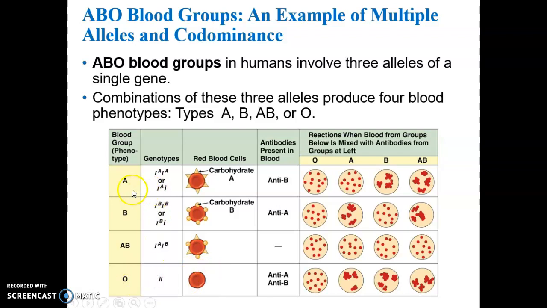So in the human population, we're either blood type A with those 2 genotypes, or blood type B with either of those 2 genotypes, or blood type AB with that genotype, or blood type O, the absence of the A and B alleles. Now you've probably heard of blood type like O negative or positive. We're not going to consider the positive or negative because that's yet another allele.